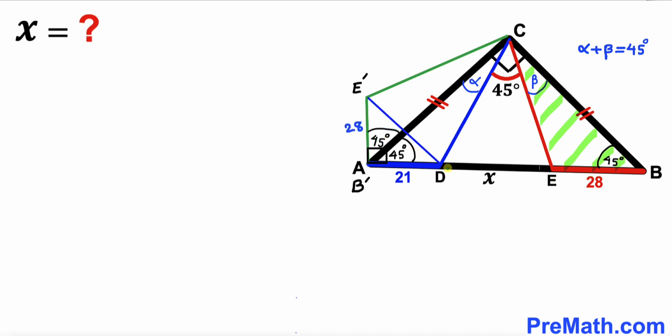In this next step, I have connected this point D with this point E prime, and as a result, we got this right triangle DAE prime.